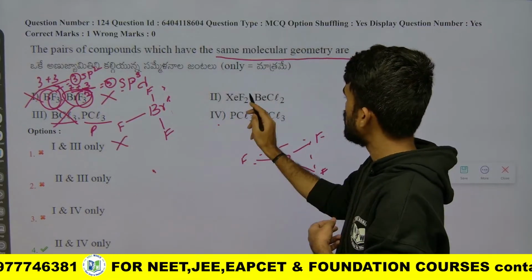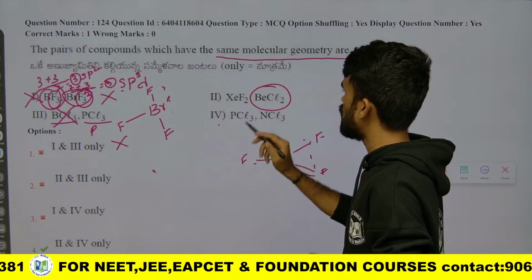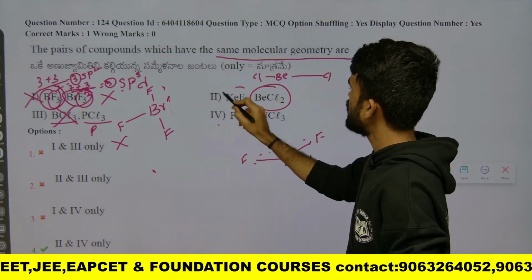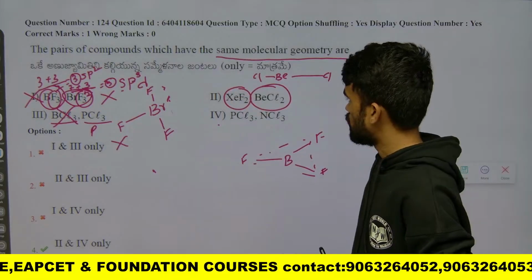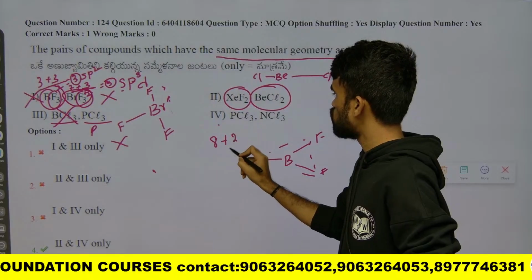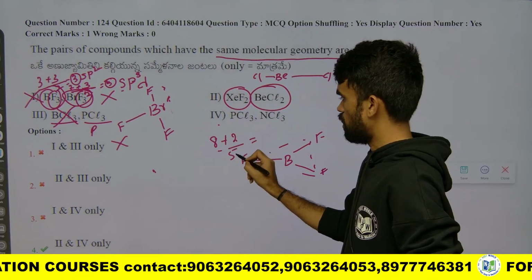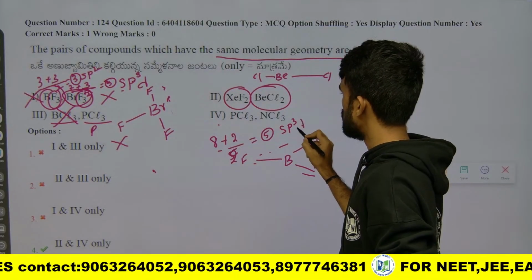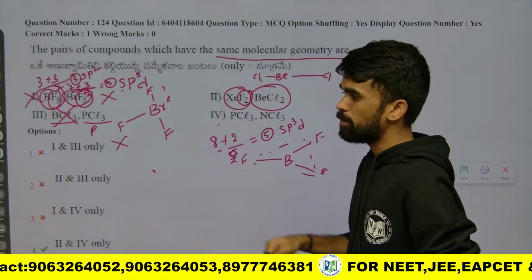Now here BeCl2 has sp hybridization, which is linear, like this, chlorine. And here xenon fluoride: xenon is in the 18th group, so valence electrons are 8, plus 2 monovalent atoms, 10, 10 by 2 it will be 5. So it will be sp3d, but here only 2 bond pair electrons are there.